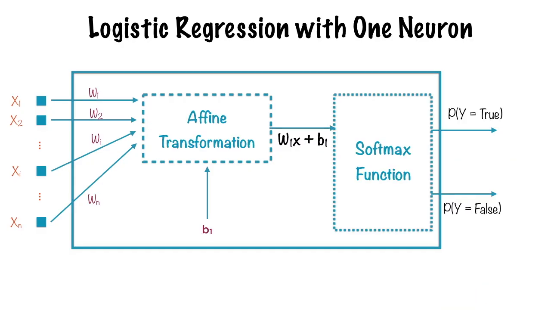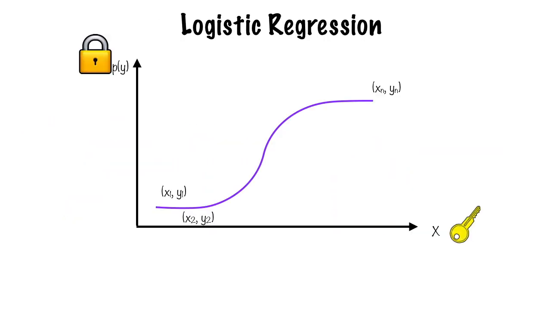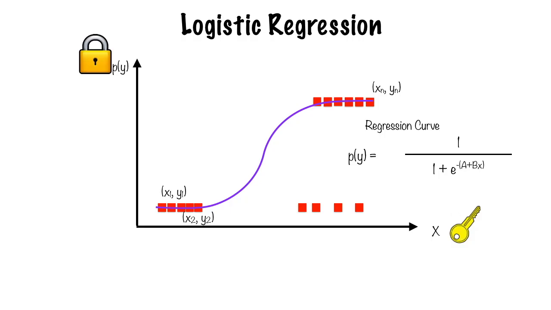When we discussed logistic regression, we spoke about softmax as one of the activation functions that can be used with a neuron. And we also spoke about the shape of this softmax function, also called the logit function. The formula for logistic regression results in this S-shaped curve, also called the sigmoid curve. And this S-shaped curve basically has points clustered around 1 or 0.